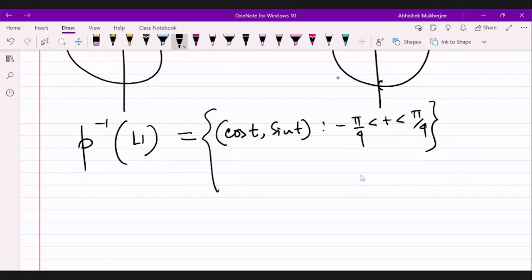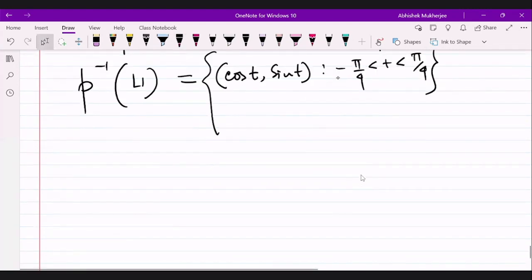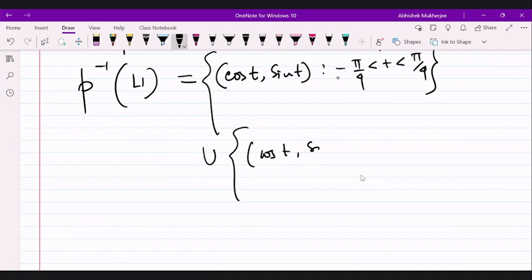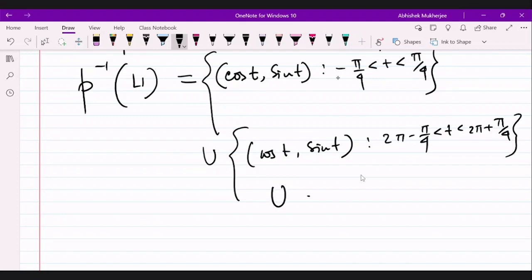And then making a round by 2 pi, you will get another one, and so on, right?